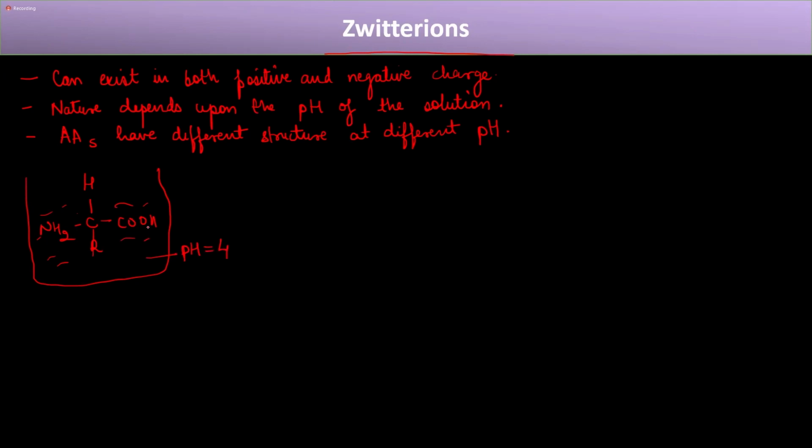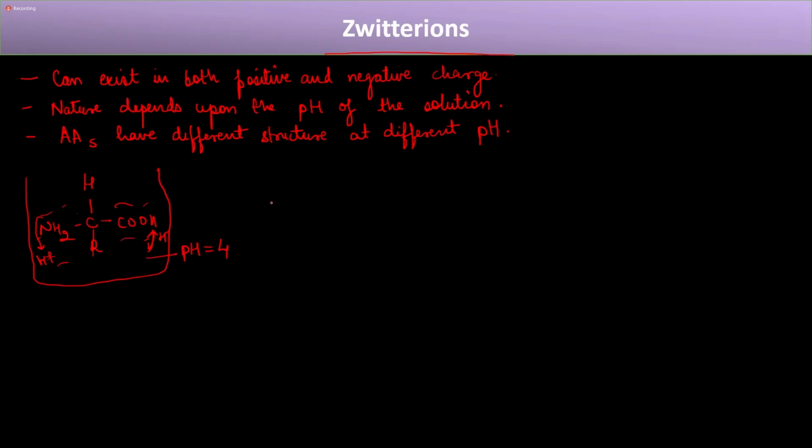Based on the pH of the solution, this COOH group will either donate, or it will take the hydrogen ion from the solution, or this NH2 will donate. If it takes the hydrogen ion, it will be negatively charged, and if it donates, it will have a positive charge. So it can exist as either positively charged or negatively charged.